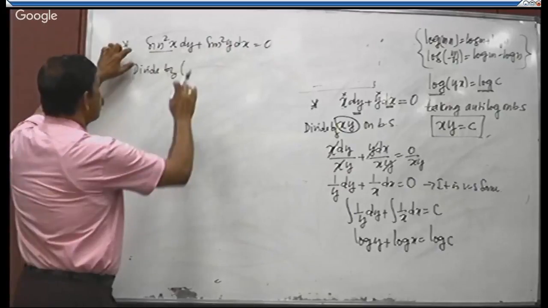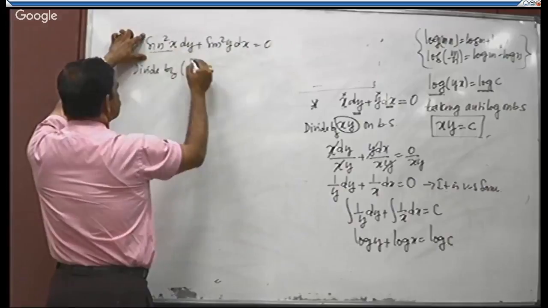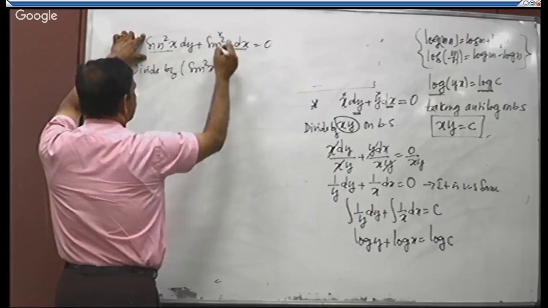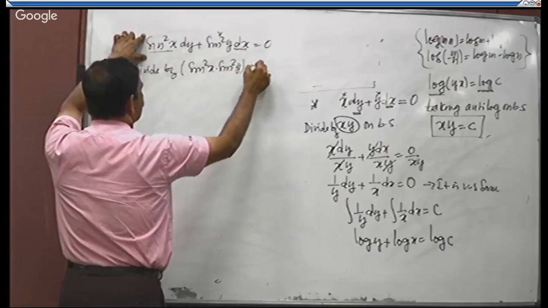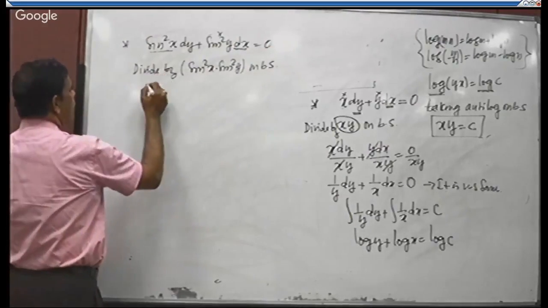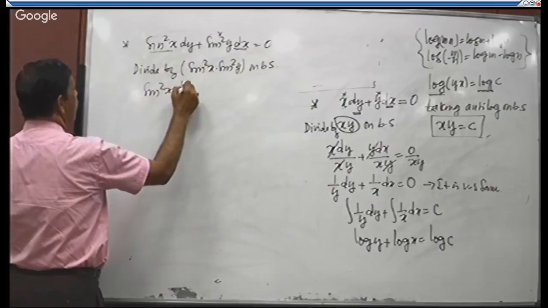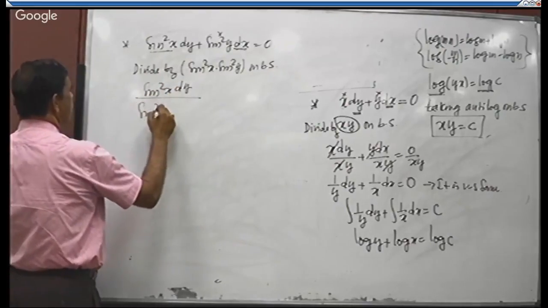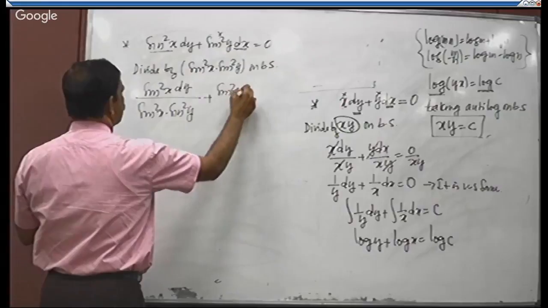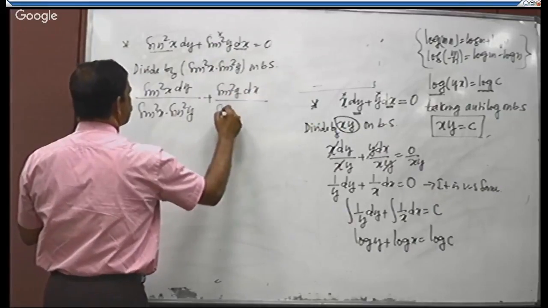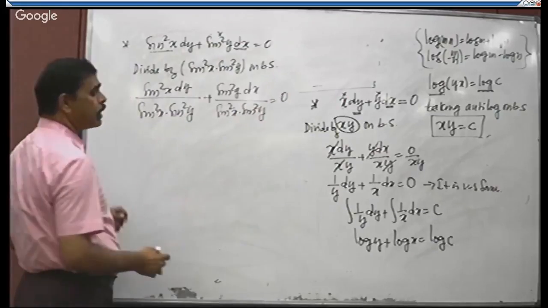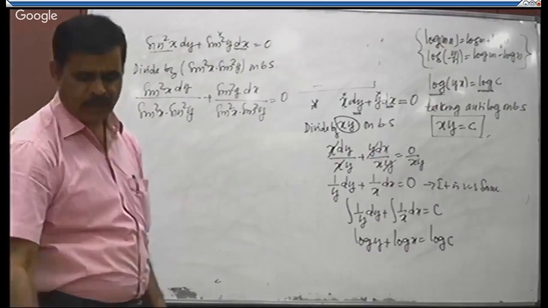Along with dy, the unwanted term is sin square x; along with dx, the unwanted term is sin square y. Divide on both sides: sin square x dy divided by sin square x into sin square y, plus sin square y dx divided by sin square x into sin square y, is equal to 0 by anything, which is 0 only.